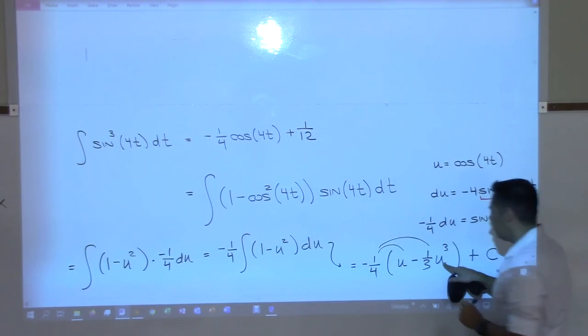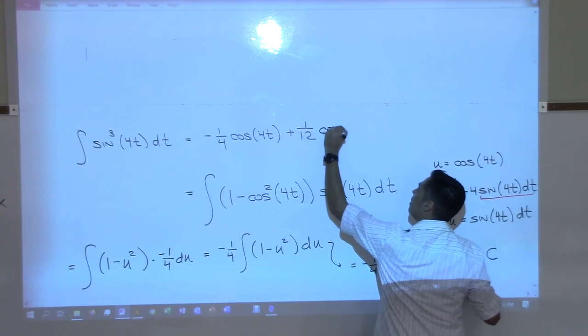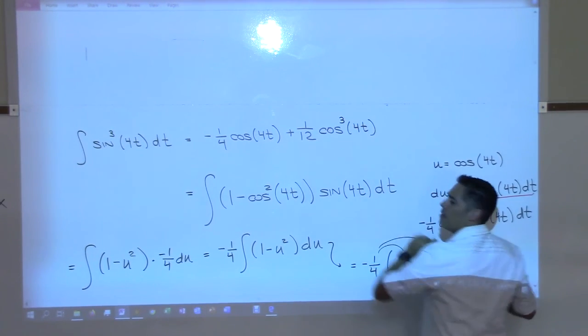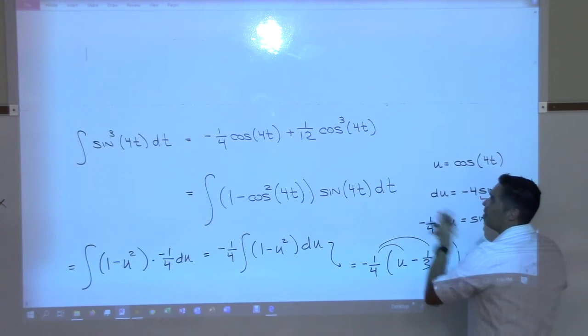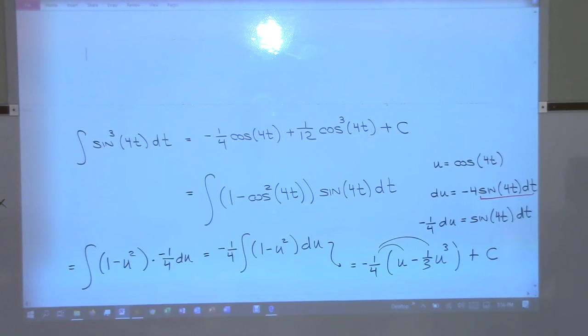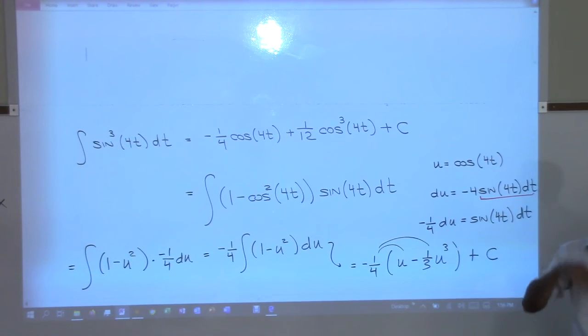And then I have u cubed, which we will write as cosine of 4t with the 3 right there, right? That's how we represent cubing. And then plus c. There it is. So if we differentiate this and clean things up and cancel and use some identities, we should get back to sine cubed 4t. What do y'all think? Is that okay?